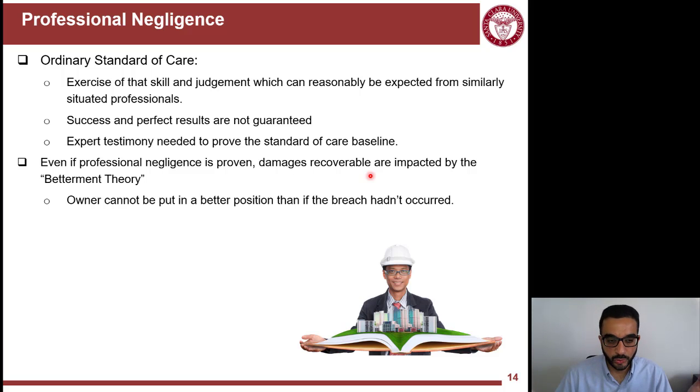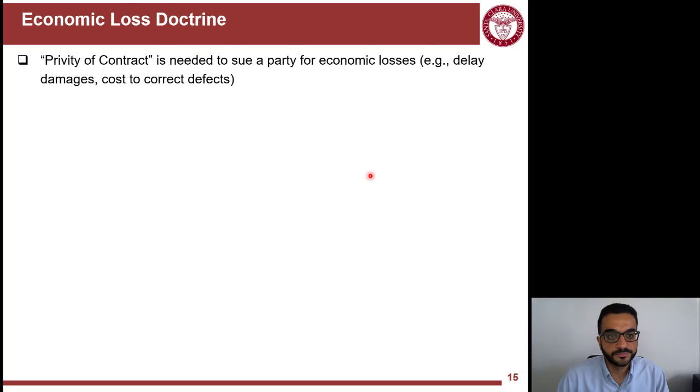It's what we call the betterment theory here. So this owner cannot ask for recovery of things that were not actually part of the design. You can say that something was damaged or was not performed well by the engineer or the professional.